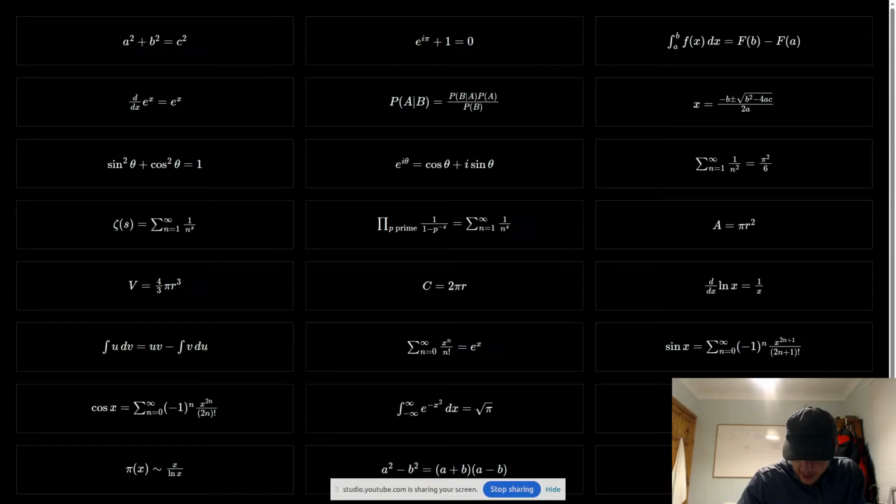The semi-major axis is usually called A, and the semi-minor axis is usually called B. Now, the area of an ellipse is conveniently pi times A times B. That's just like pi r squared, except in this case, instead of being pi times r, it's pi times A times B.